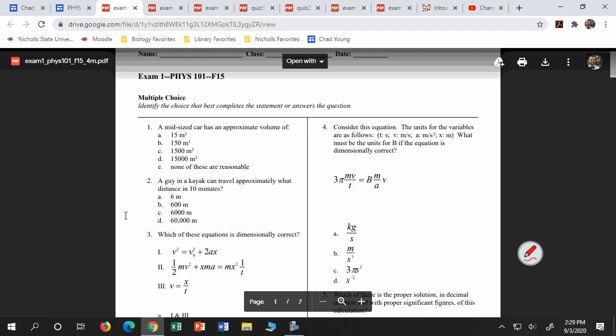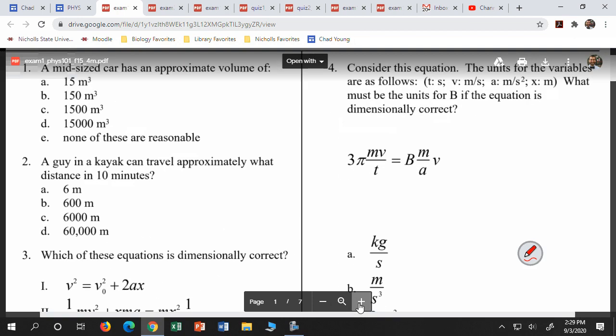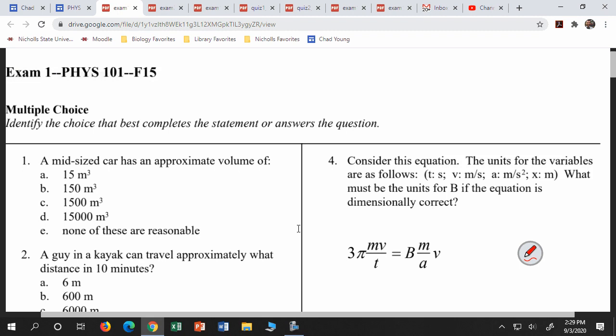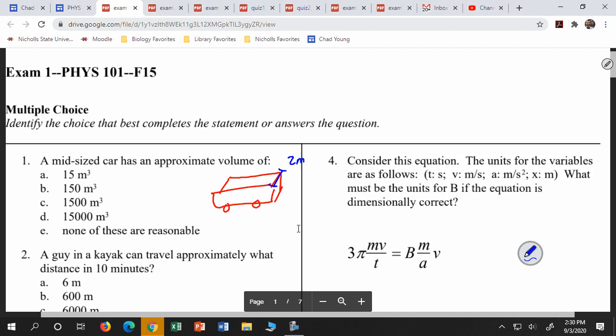Well, these are some good ones. A mid-sized car has an approximate volume of what? Now notice they're all factors of 10. So while you might get a different answer than I do, you should be able to pick out the right answer from what I choose. A car is basically a rectangular prism with wheels, and it has a width of about 2 meters, right?